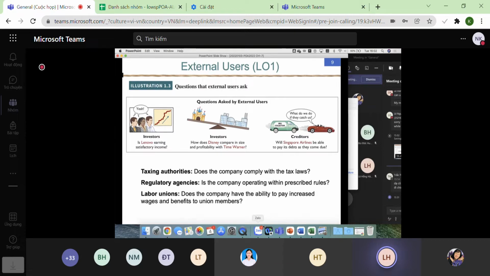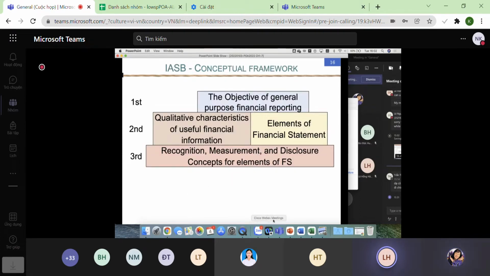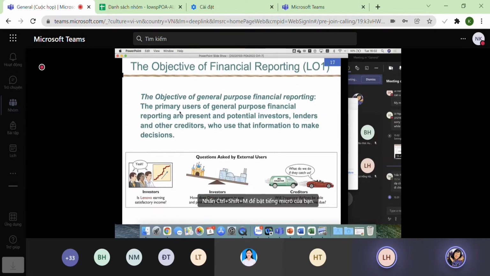So the conceptual framework states that the objective of financial reporting is to provide information to the financing providers who are the investors and creditors.